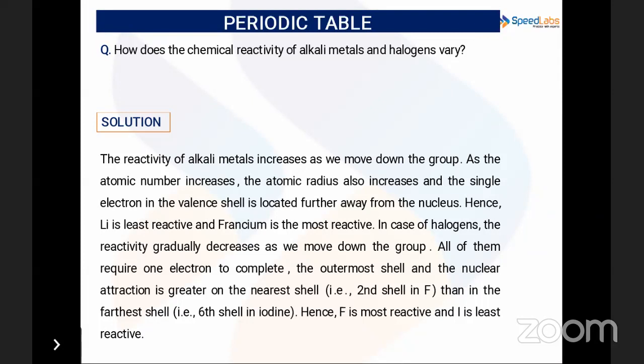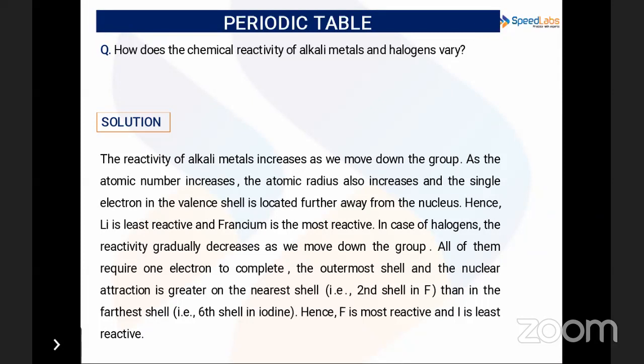So fluorine will be more reactive compared with astatine or iodine. The outermost shell of all of them requires one electron, right? If we talk about fluorine, there are 17 electrons. In fluorine too there will be a requirement of one electron to complete the octet. Similarly, in the case of bromine and iodine too.